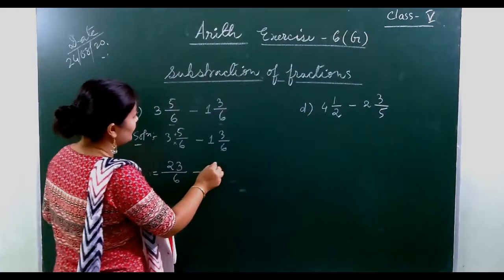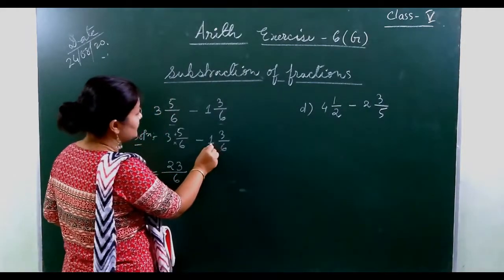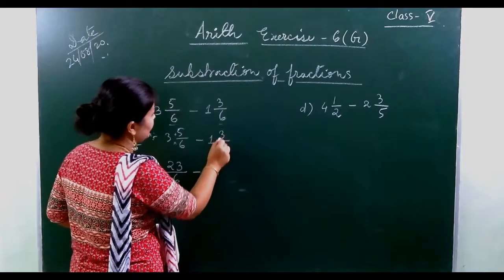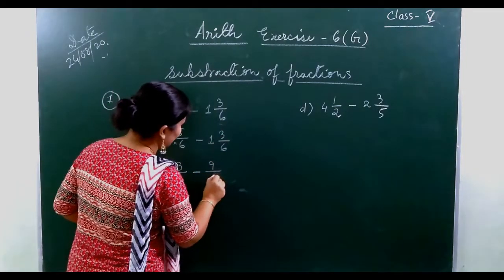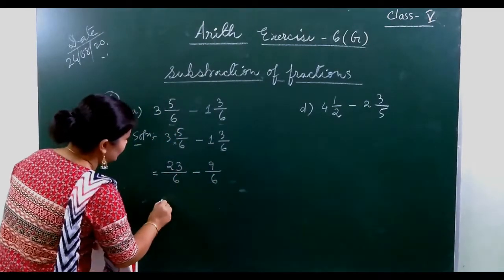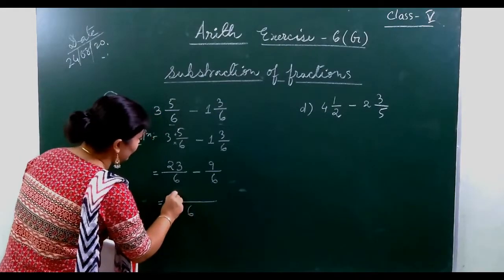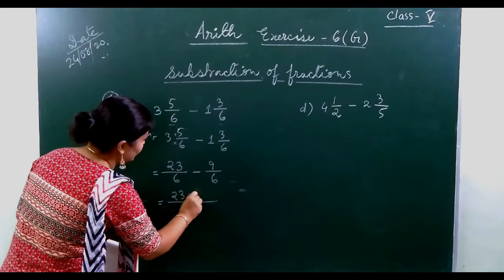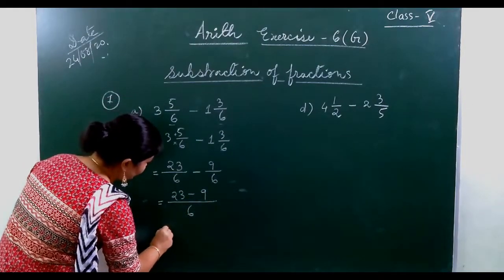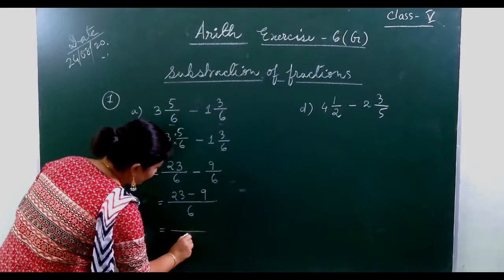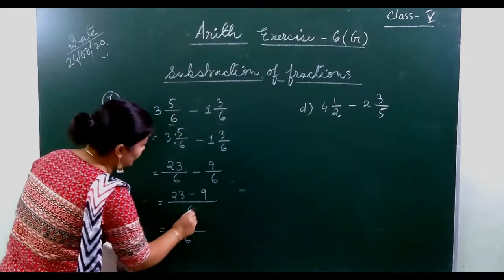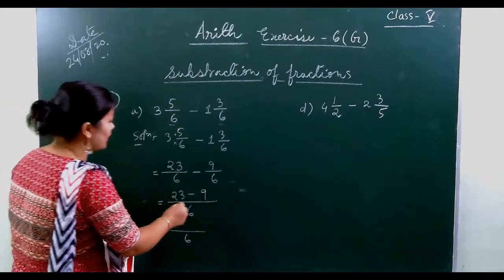Then here 6 1 times 6, plus 3, 9. So 9 by 6. Since the denominators are the same, we write 6 here, then 23 minus 9.